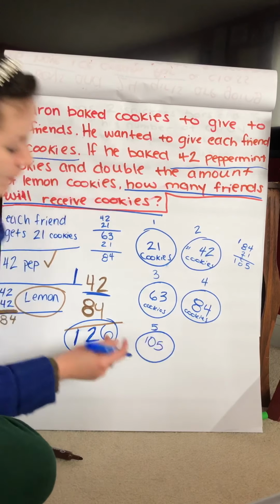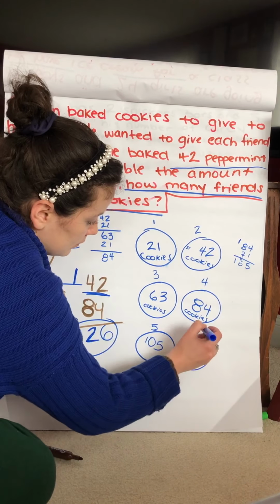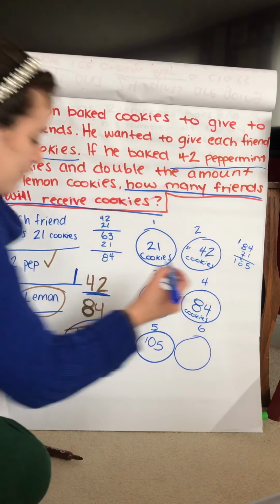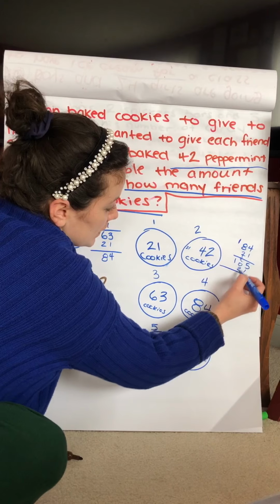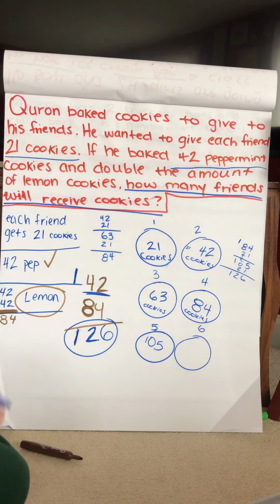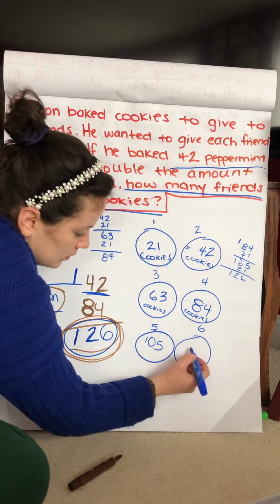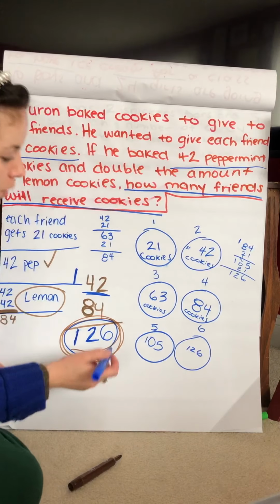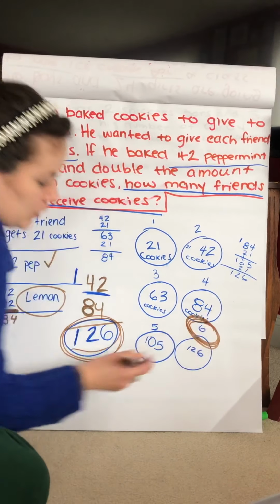So far, we've been able to give 5 people cookies. 105 plus 21. 5 plus 1 is 6, 2 plus 0 is 2, and 1 plus 0 is 1. So we are at our final number, which is 126. And we've been able to give 6 people cookies.